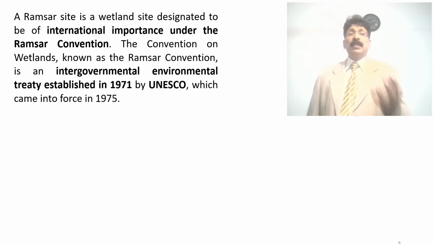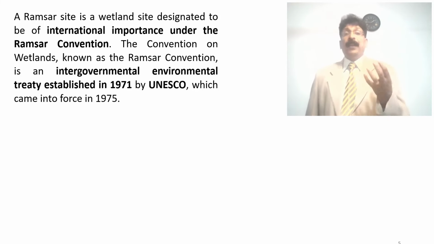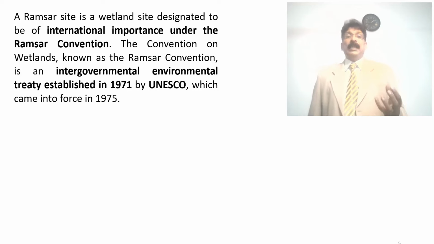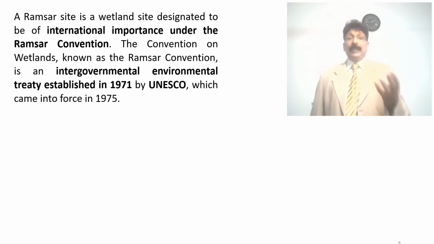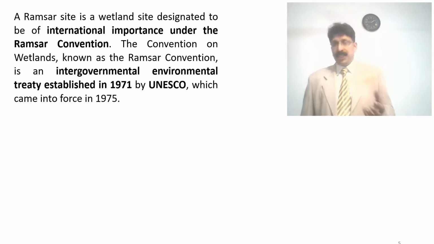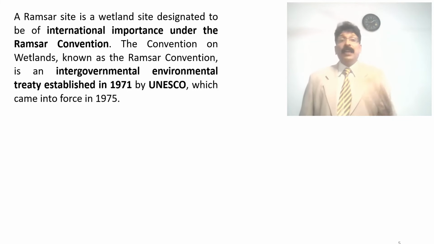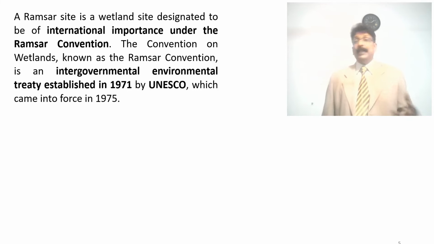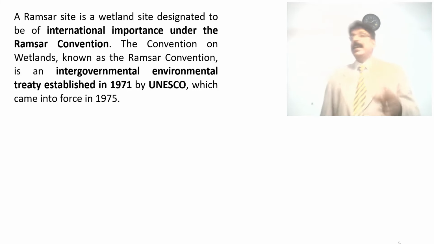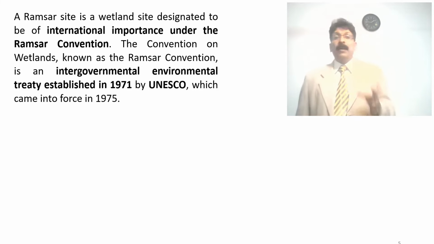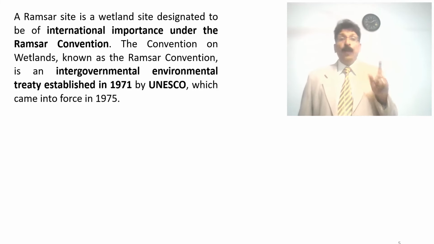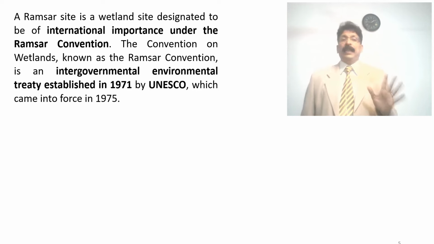Ramsar site. A Ramsar site is a wetland site designated to be of international importance under the Ramsar Convention. The Convention on Wetlands, known as the Ramsar Convention, is an intergovernmental environmental treaty established in 1971 by UNESCO, which came into force in 1975.